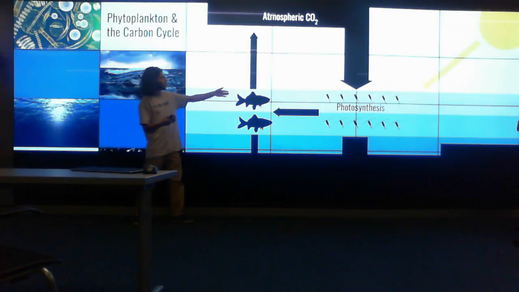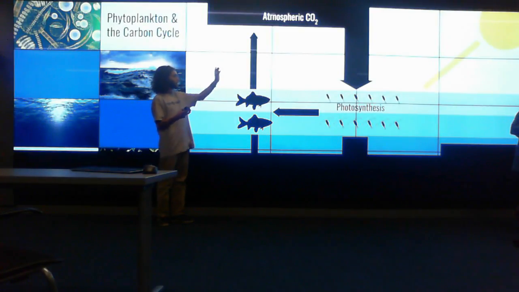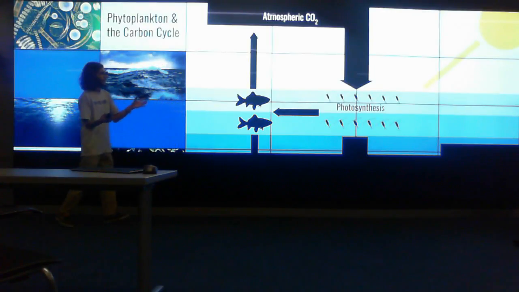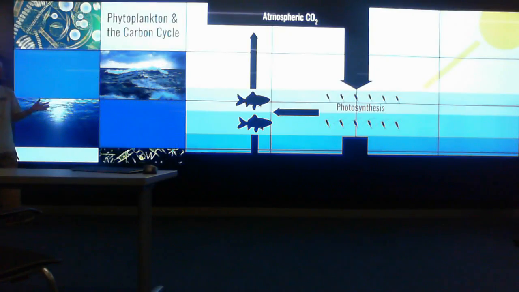A small portion of the carbon re-enters the atmosphere through respiration, but the main point here is that the net outcome of this system is that carbon remains in the oceans.